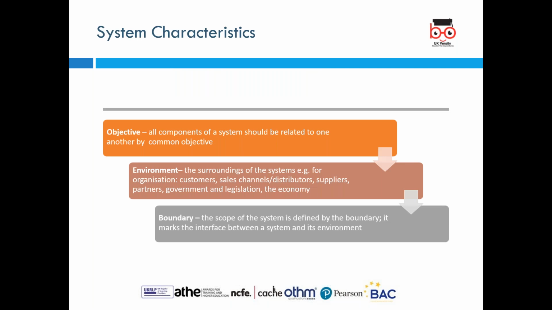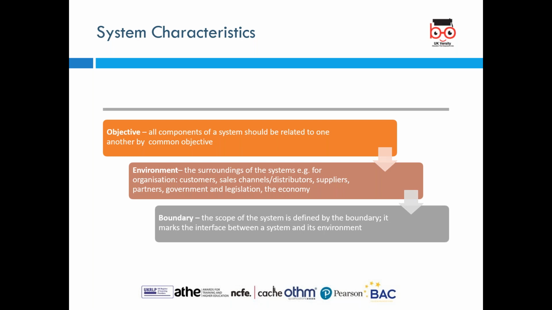So when we look into some of the characteristics of our system, we need to understand that it could be objective, due to environment, and also boundaries. By objective, we are just simply looking into all the components which are related to our system, and they might be related to each other through entities.